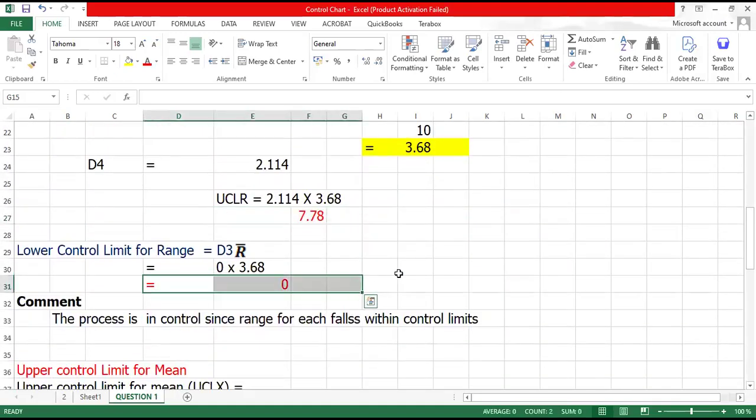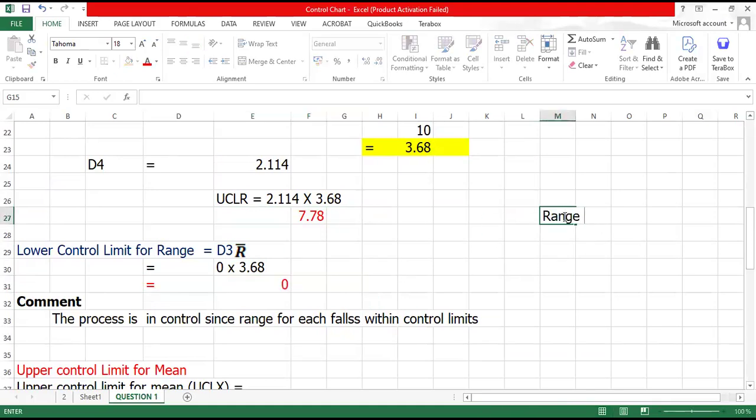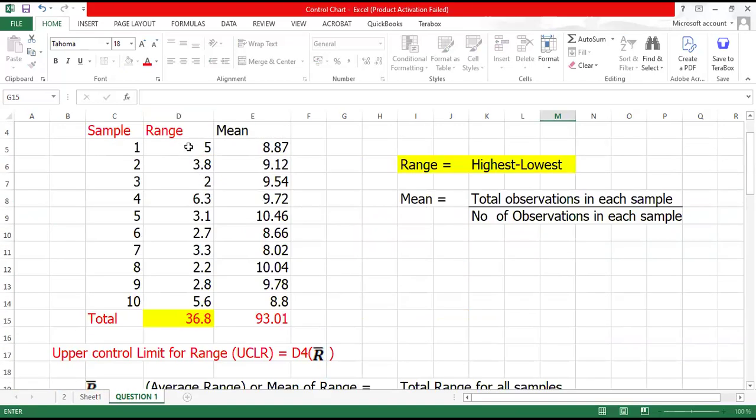Then ask yourself, are all your range values for each sample within the limit or not? Like you come back to your table here. These are range values.